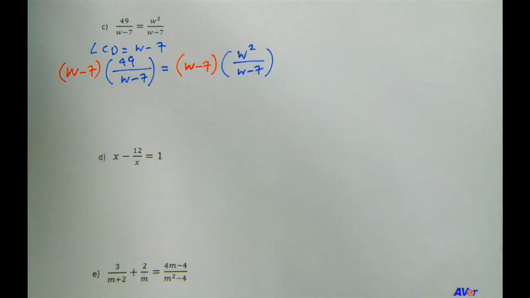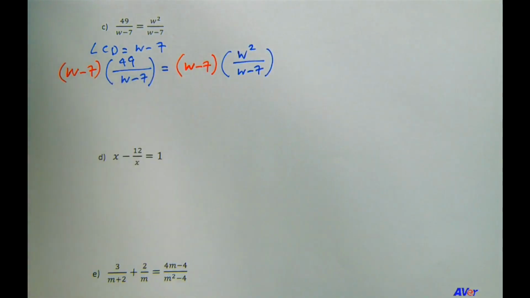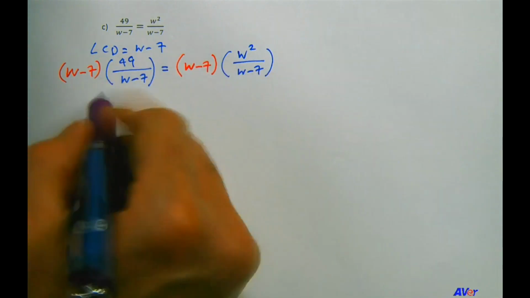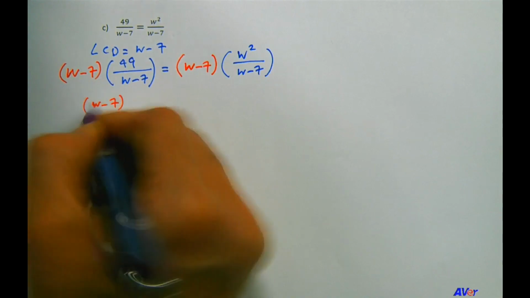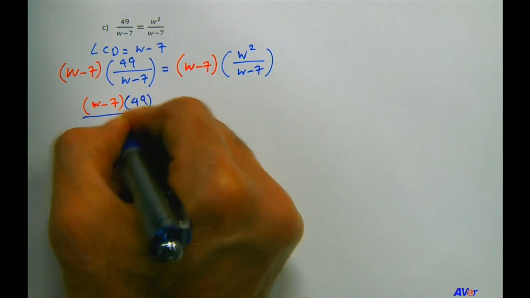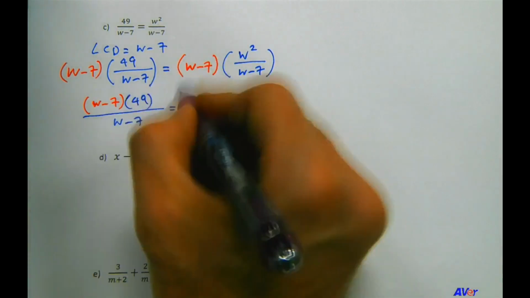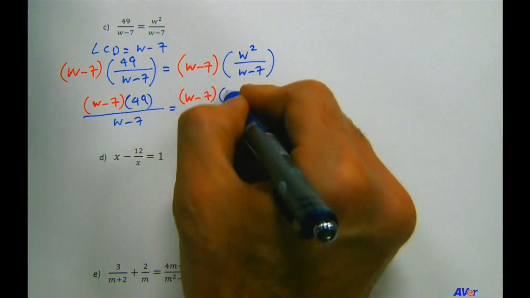Like that. So now we can distribute. I mean, it's already there, but if you prefer visually, we can write it like this. W minus 7 times 49 divided by W minus 7 equals W minus 7 times W squared divided by W minus 7, right?